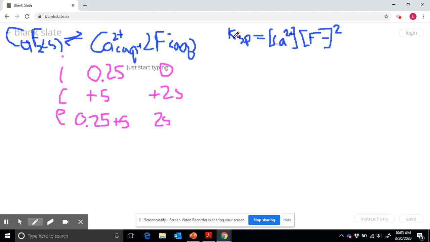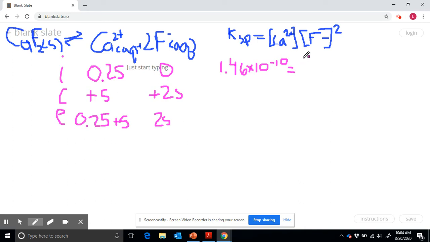You do need to look up what the Ksp of calcium fluoride is. If you look it up, you will see that it is 1.46, sorry, let me erase that, 1.46 times 10 to the negative 10.